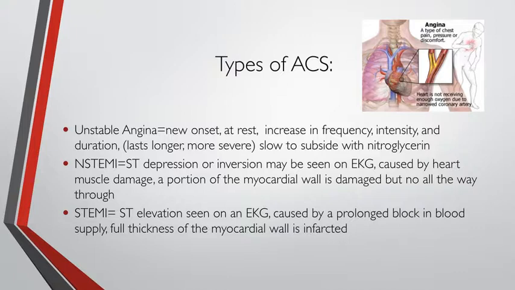The same process that causes angina but progresses through unstable angina to a non-STEMI to a STEMI. So remember with unstable angina, that narrowed coronary artery has plaque that's ruptured, and that triggers platelet aggregation and thrombus formation, so clots.